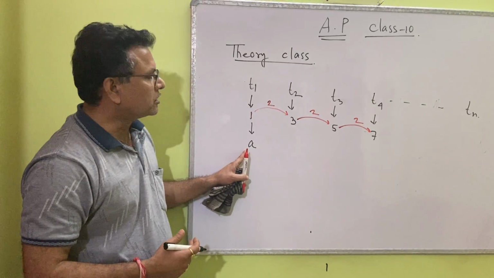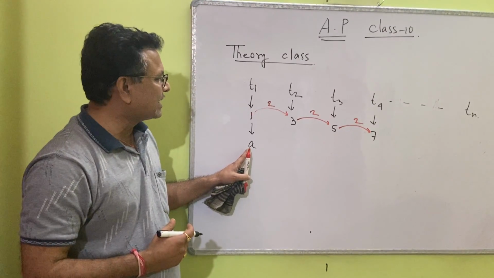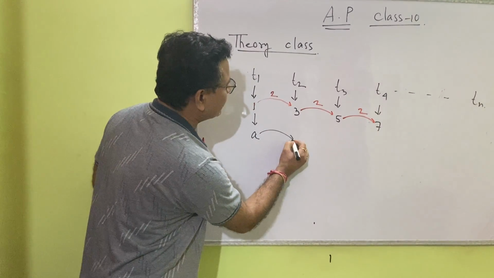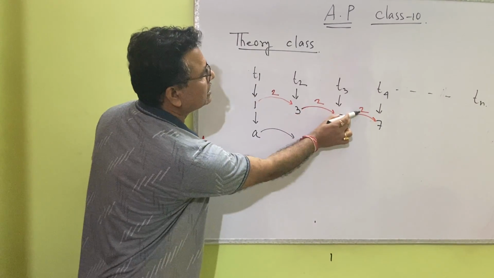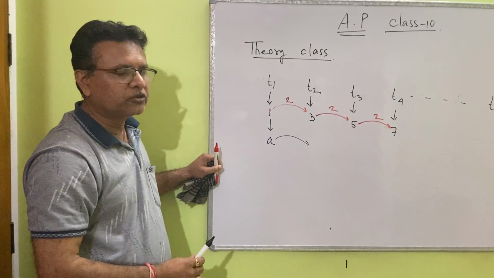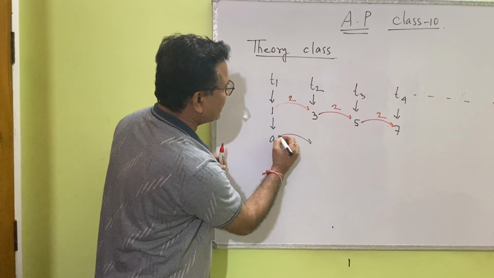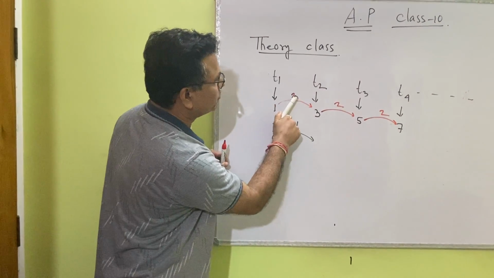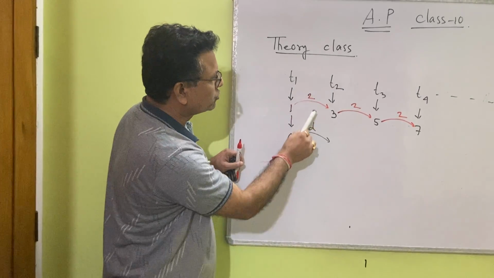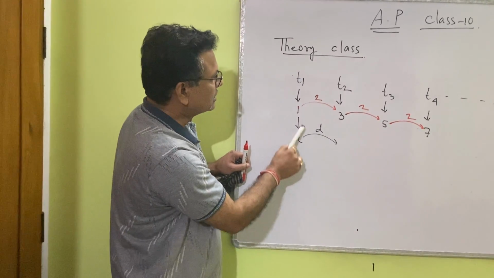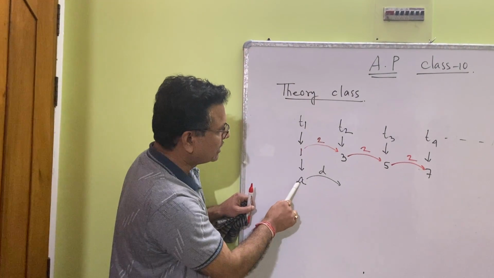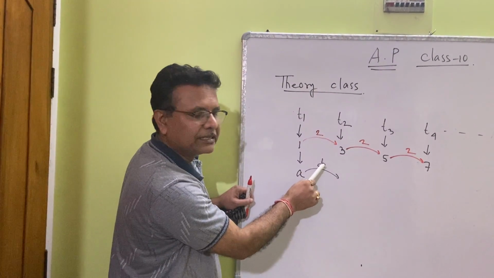In AP, the first term is always denoted by A. Now with A, whatever I am adding is the common difference. Suppose I am denoting the common difference by D. Instead of writing 2, I am writing D. Instead of writing 1, I am writing A. Means first term is A and common difference is D.